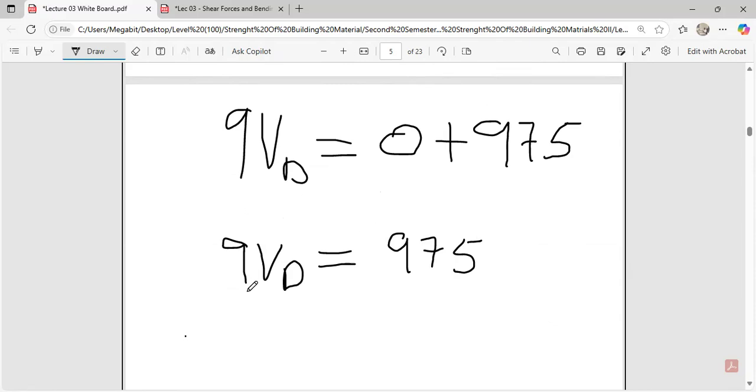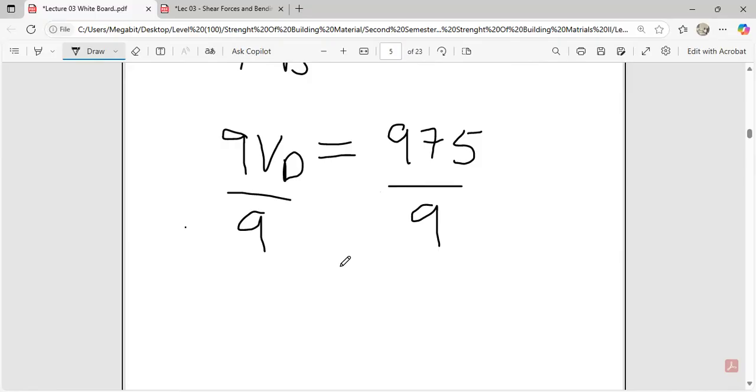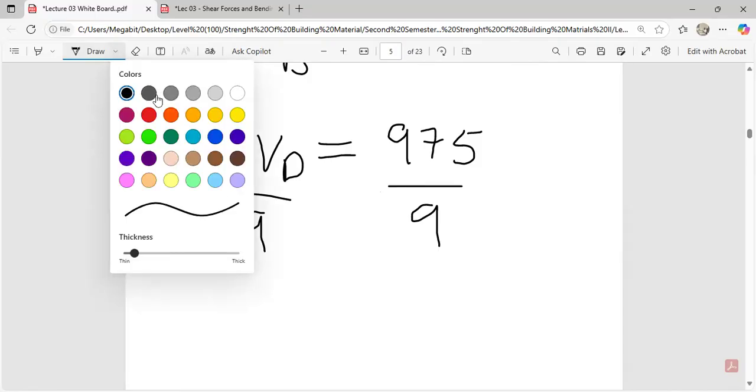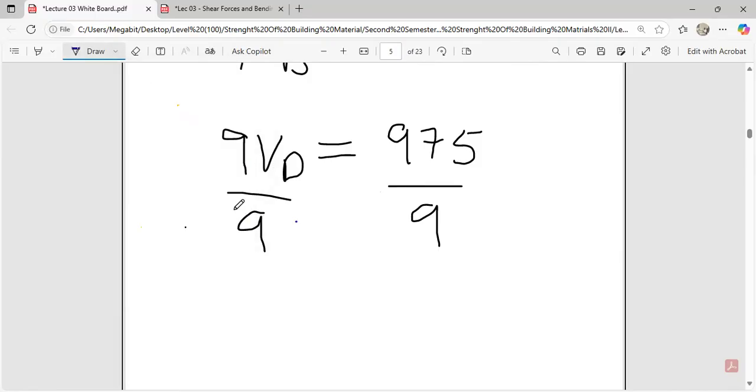If you divide both sides by 9, this 9 is going to take off this 9.